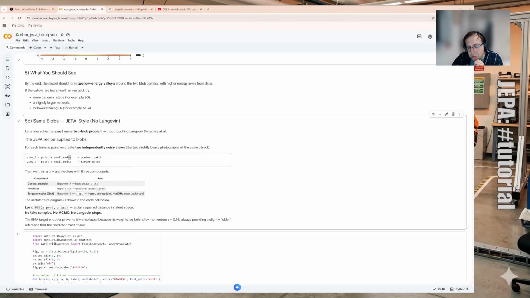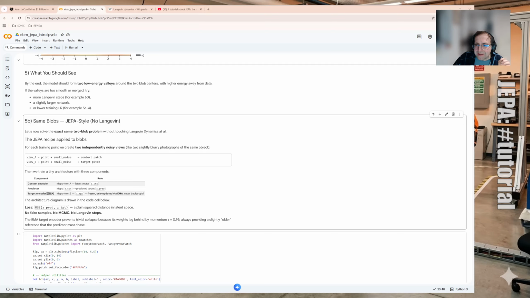You have a sigma of 0.08, for example. And so you essentially have three components. You have the context encoder, which is the trainable part. You have a predictor, which is also trainable. And then you have the target encoder, which in this case uses the EMA, the exponential moving average, and has no backpropagation.